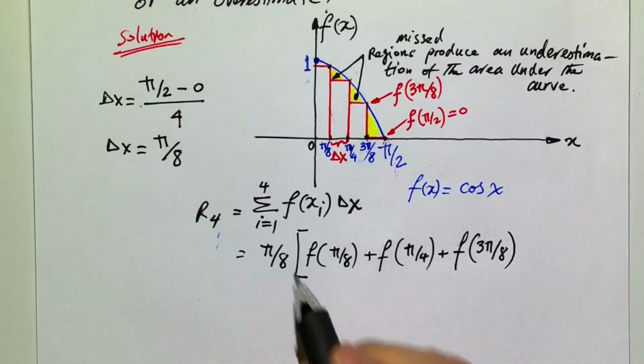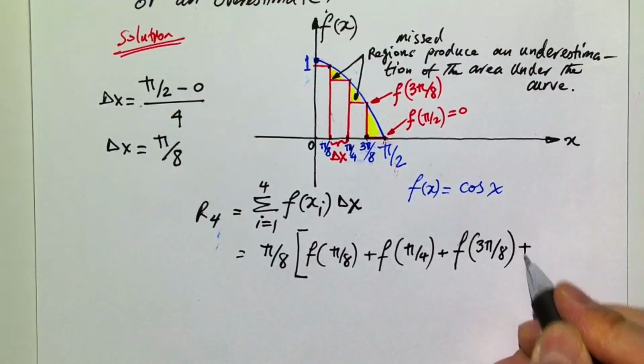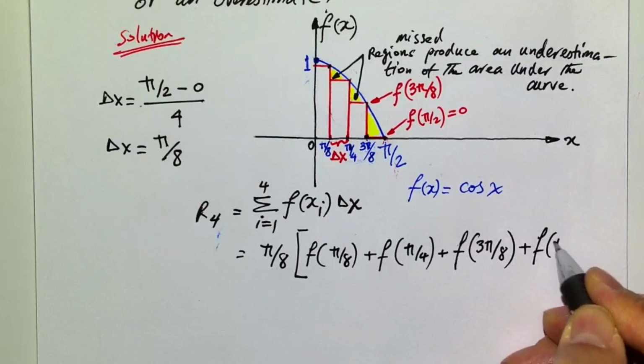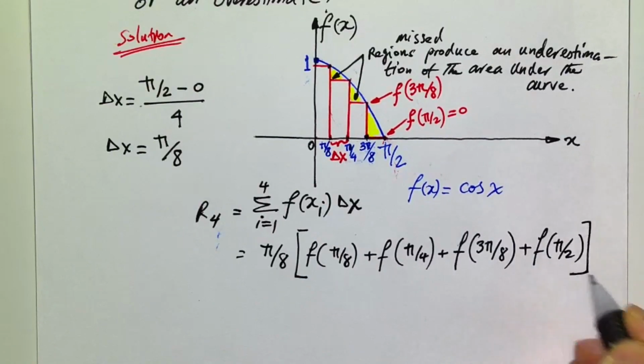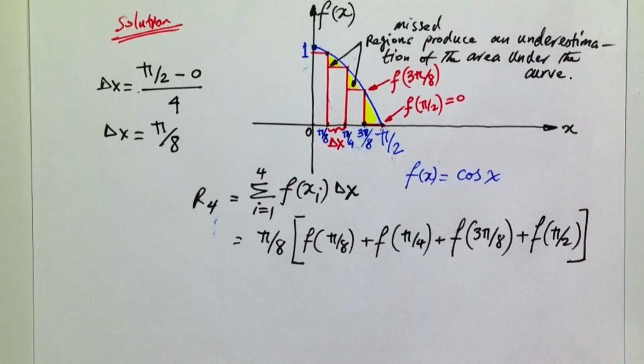And remember that the pi over 8, the delta x, is out here. Plus, of course, f at pi over 2, which is that last corner, which will be 0, right? Cosine of pi over 2 is 0.